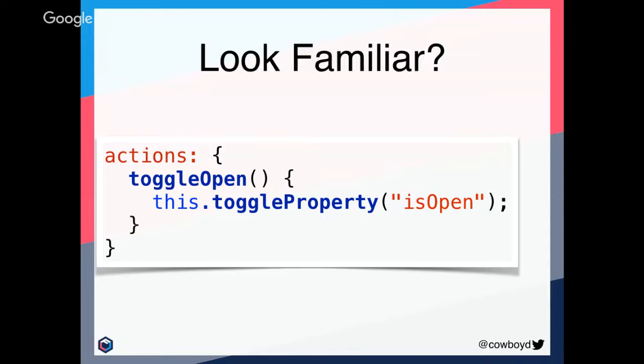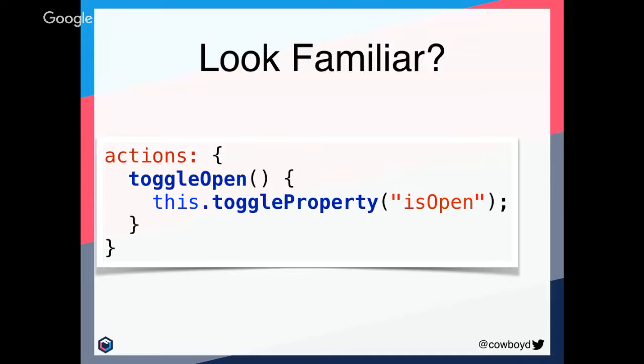So have you seen code like this before? I am guessing that you have, because what I've got on the screen here is the code that we write when we want to manage a Boolean value. Doesn't matter if it's, is a pop-up open, is this particular flag set, whatever.